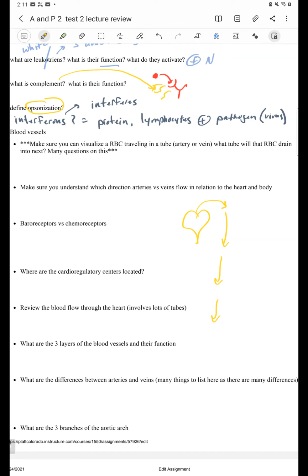It's something you have to sit down and visualize. And as you said, that flow chart I have is a really good one, because it tells you what tube is draining into next.